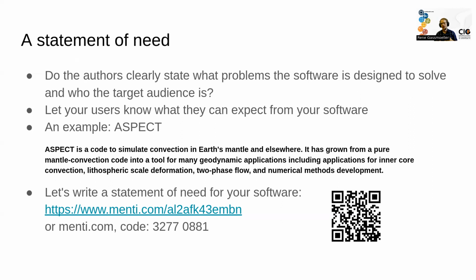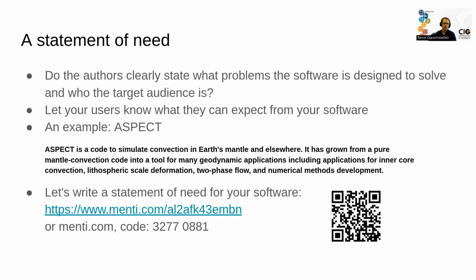You don't necessarily have to follow exactly the same structure, but in general, following the structure of 'this code is this and that, and is intended to do X, Y, Z' is a very good format for such a statement of need, because it explains what your software is and what it's meant for.